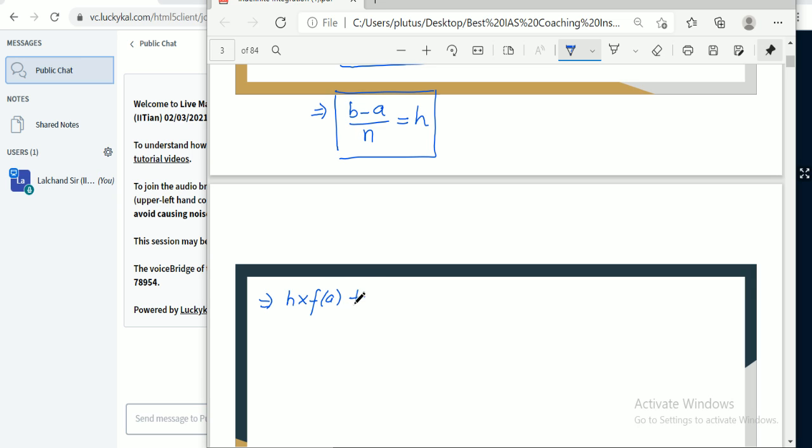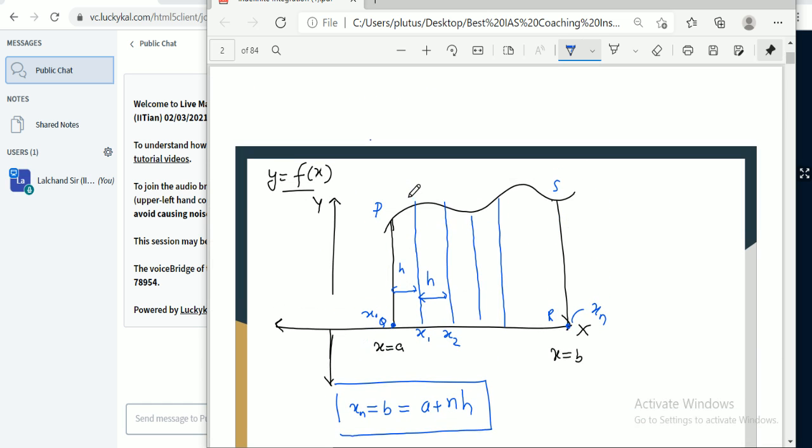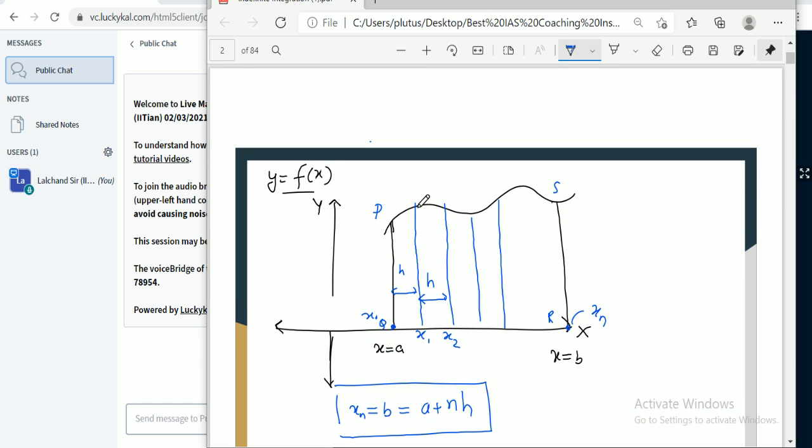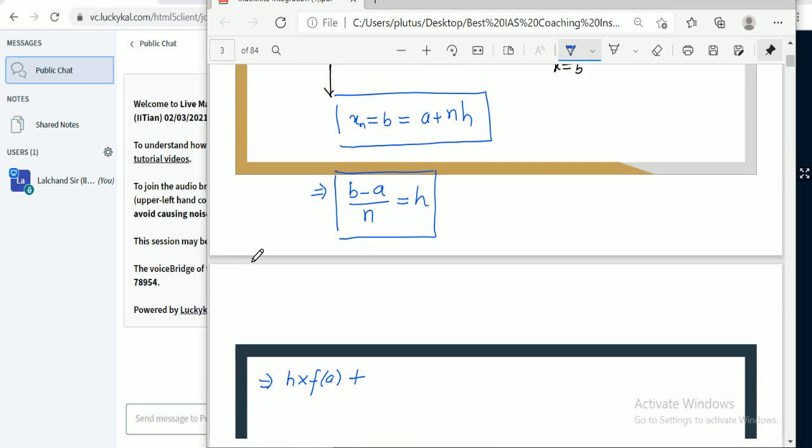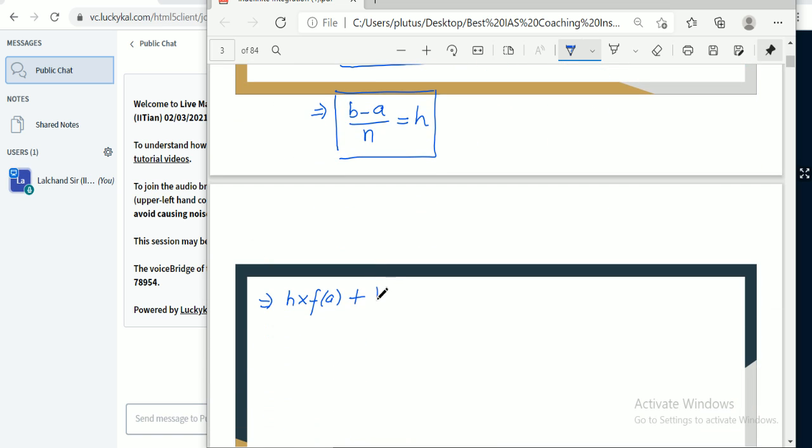Similarly, for the next strip we can write the area as h into f(a plus h), and similarly so on up to n terms. The final last term will be h into f(nh).